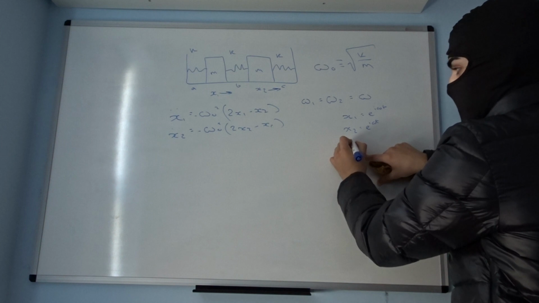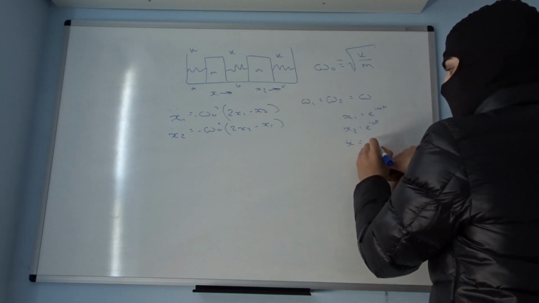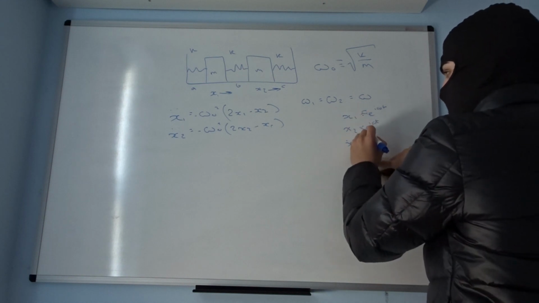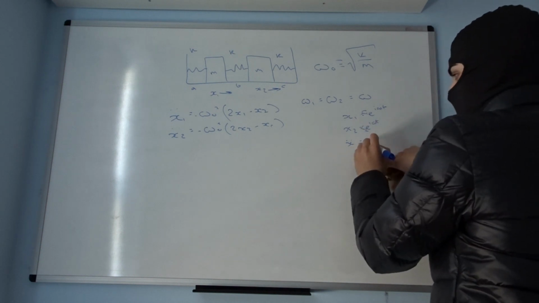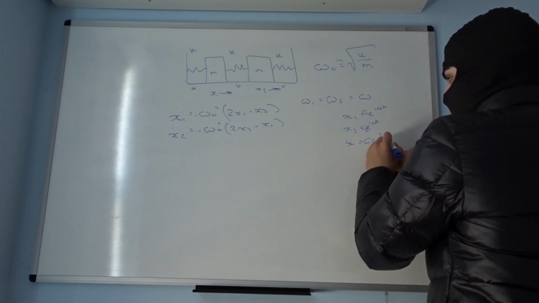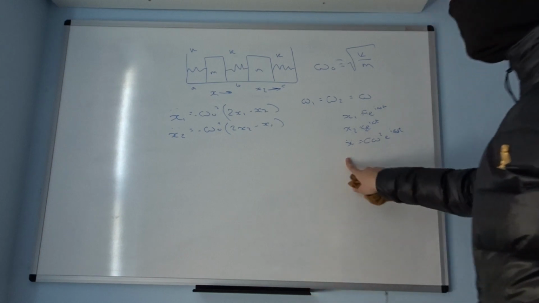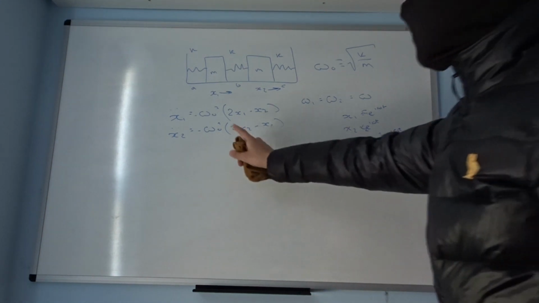Then if we differentiate with respect to t twice, we're going to get minus omega squared e^(i omega t) times C1, C2. Now we can sub this in for x1 and x2 into this equation.